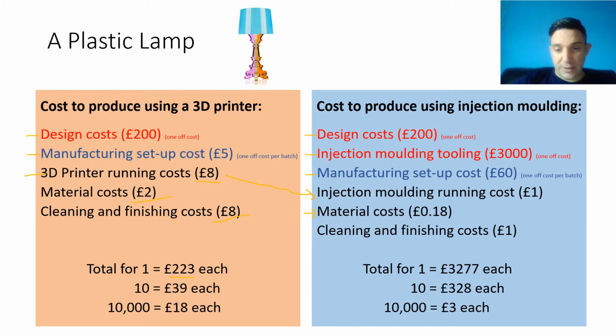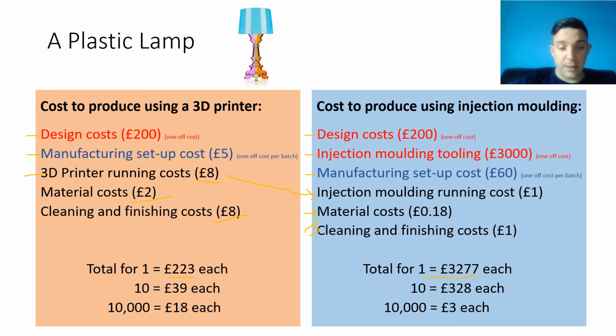I've then got the same cleaning process for our injection molding. However, because the injection mold comes out better, the cleaning and finishing costs are much lower. However, for one part, the cost, if you include all of the costs above, is £3,277, which is a huge amount more.